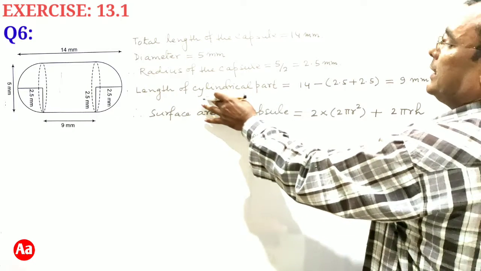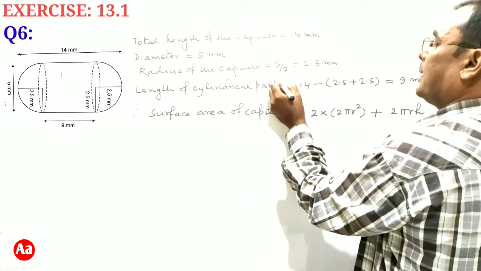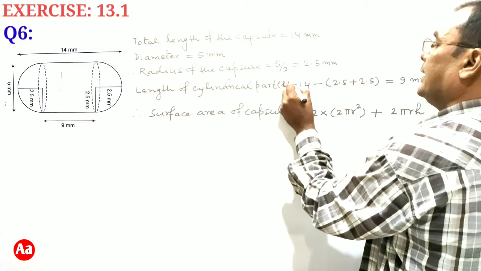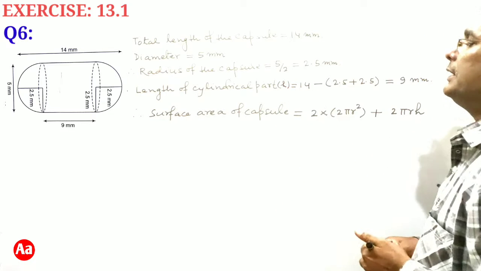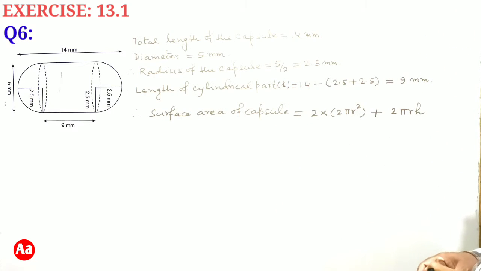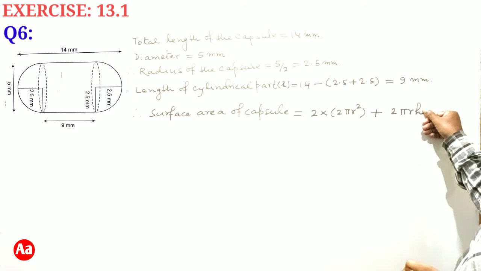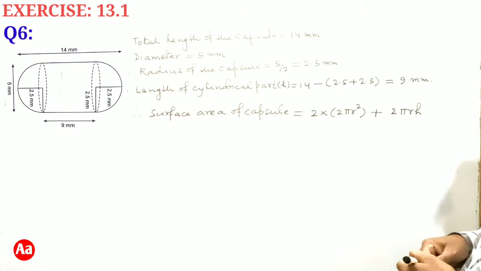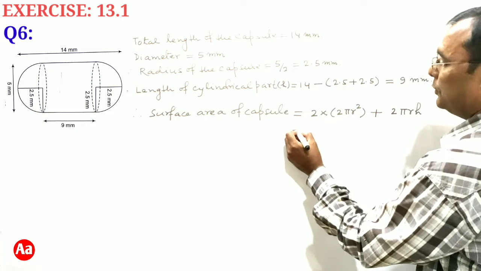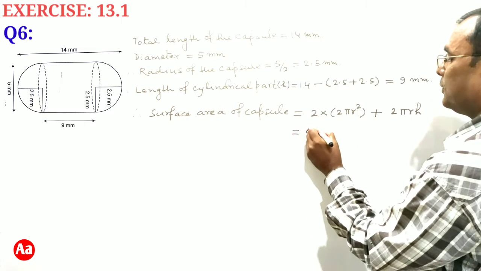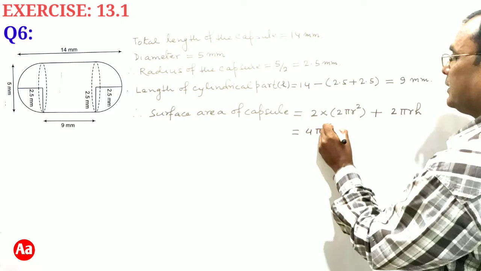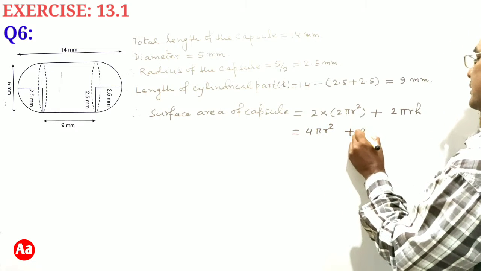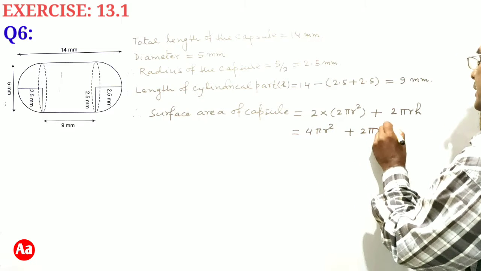This length of the cylindrical part we can denote by h, which will be used in place of height of a cylinder h. So this is equal to 4 pi r square plus 2 pi r h.